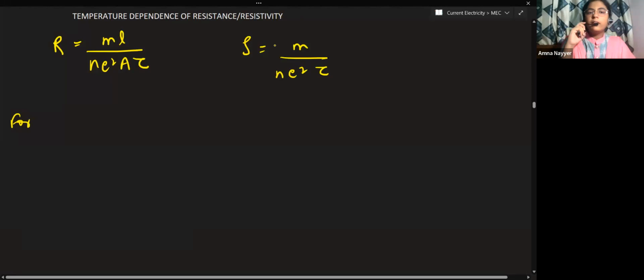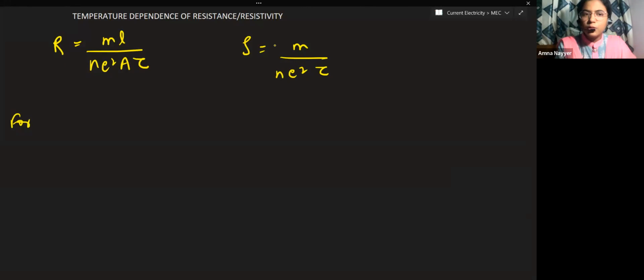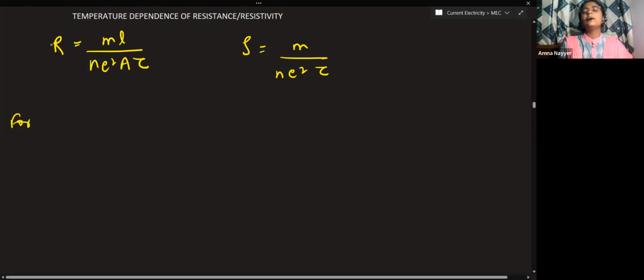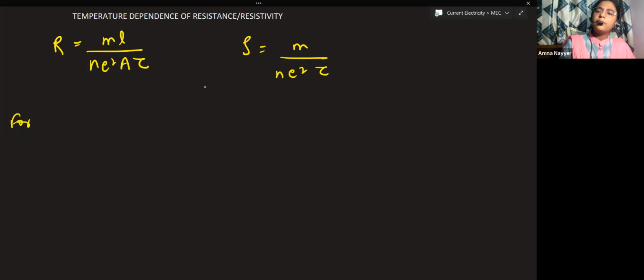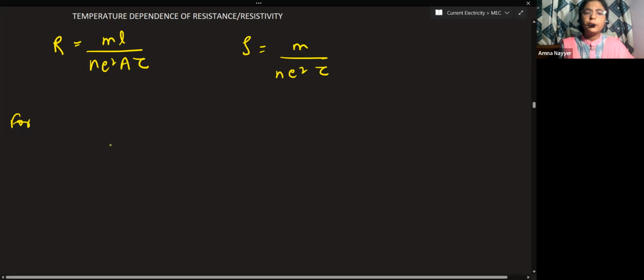So whenever we'll be considering temperature changes, length and area won't be affected much. That's why all the changes that we'll be seeing for resistance are valid for resistivity. This I'm telling because if I do not tell what's the variation in resistivity, just take it as the same variation as resistance of a particular material.